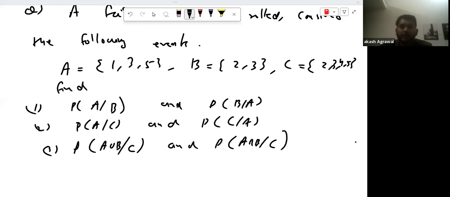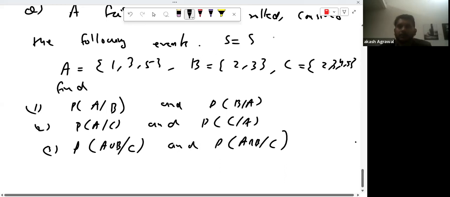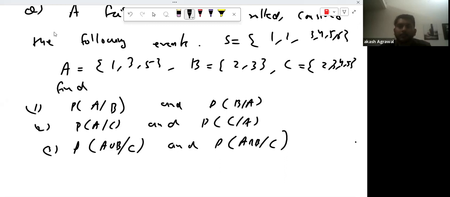Let's see. Die is rolled, then sample space is 1, 2, 3, 4, 5, and 6. Okay. So A given B. B is 2, 3, A is 1, 3, 5. Okay, common is 3 only, so 1 by 2.